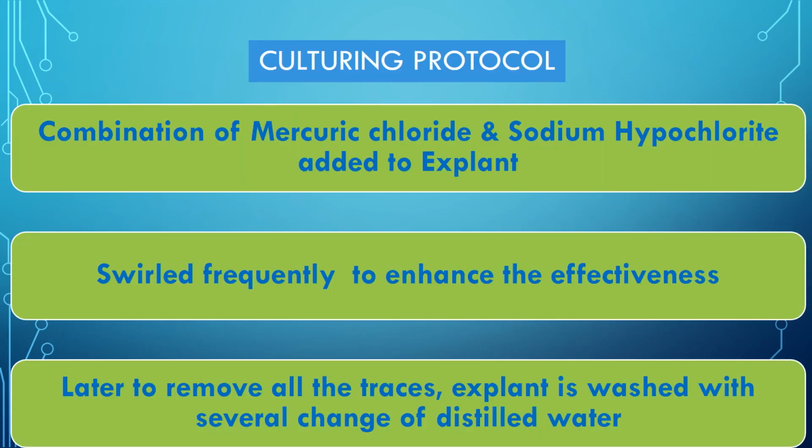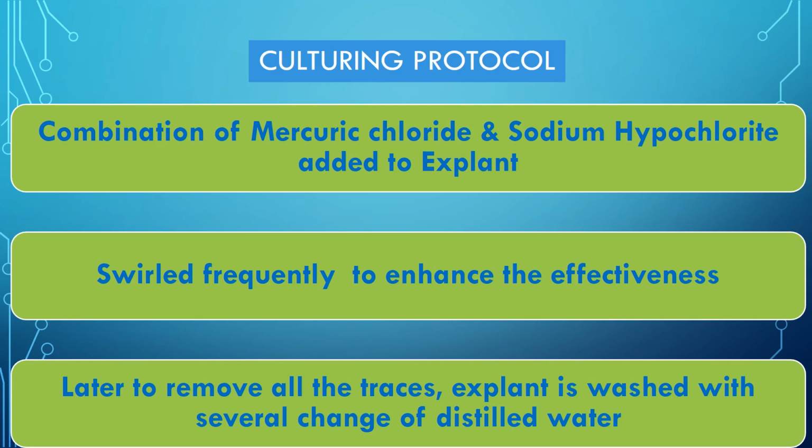Several types of surface sterilizing agents can be used with the explants. As discussed earlier, sometimes a combination of surface sterilizing agents like mercuric chloride and sodium hypochlorite can be used. The duration of exposure to the sterilizing agent also depends on the explant type.